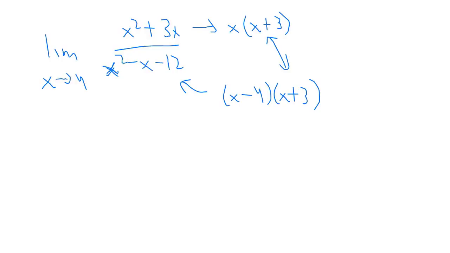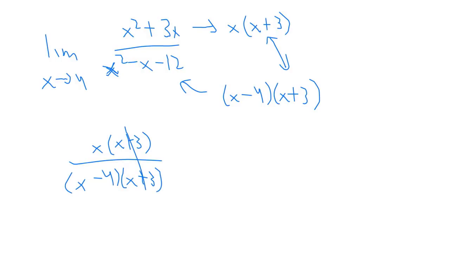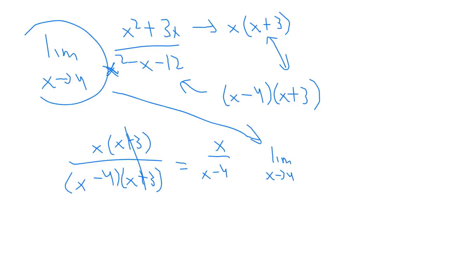Writing it as a fraction, the x plus 3 terms cancel out, and that gives you x over x minus 4. So this original limit is equivalent to the limit as x approaches 4 of x over x minus 4.